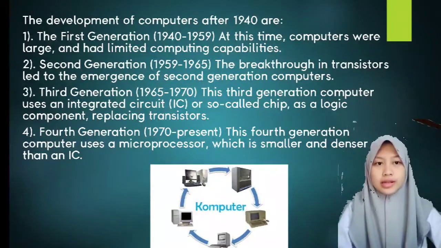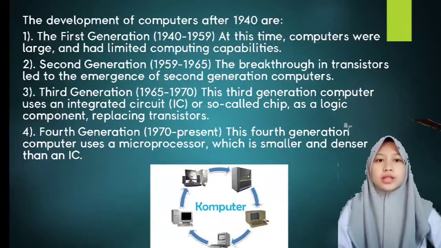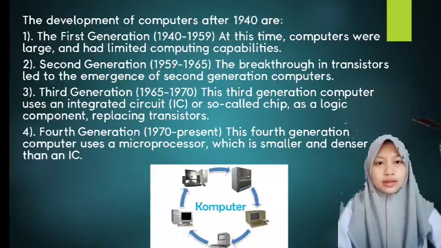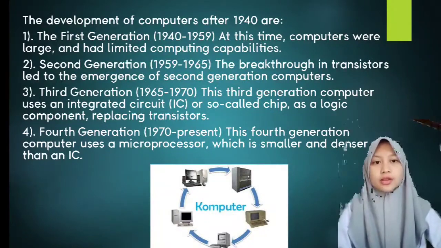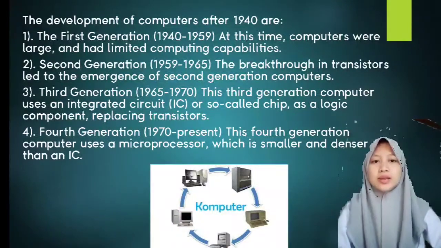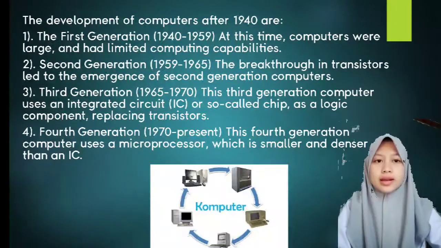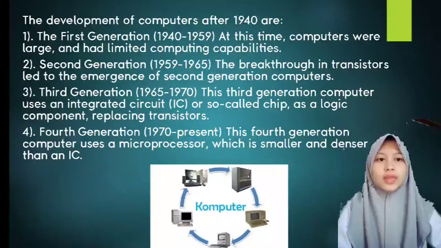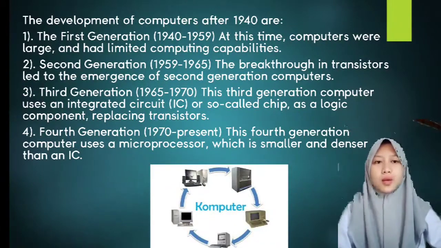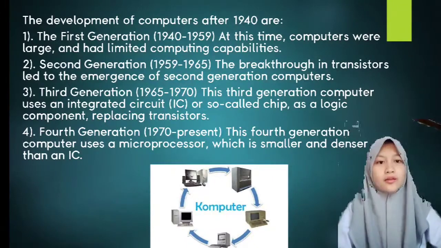Examples of first generation computers include the ENIAC, which was made in 1946, and the IBM 653 RIMAC, which was developed in 1943.